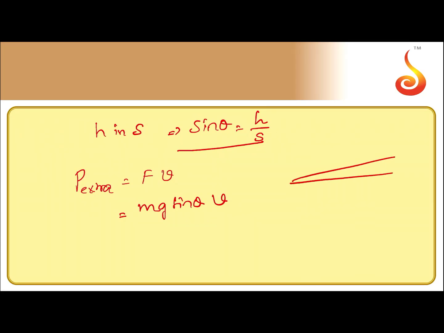Because now it is on a track, theta is this angle, and clearly this is mg sin theta. So this mg sin theta into v must give me power: mg h divided by s into v. So mg hv divided by s is our correct option.